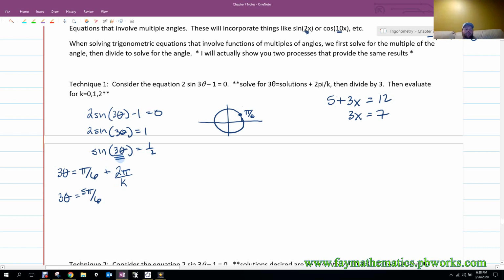And you'll see why in a little bit. And then in the same one, I'm going to take 2 pi and divide that by k as well. And I'm going to say that k is an integer. Basically, k is our counting tool here. So I'm going to let it be 0, 1, 2, 3, and see what happens then.